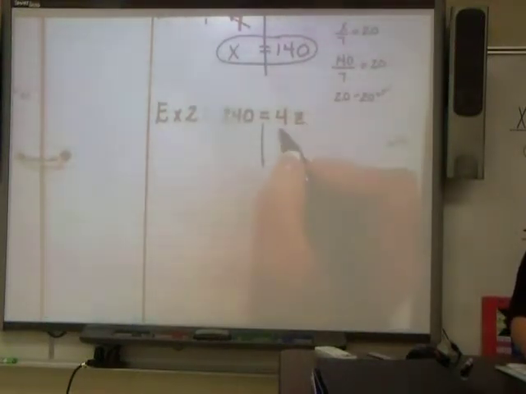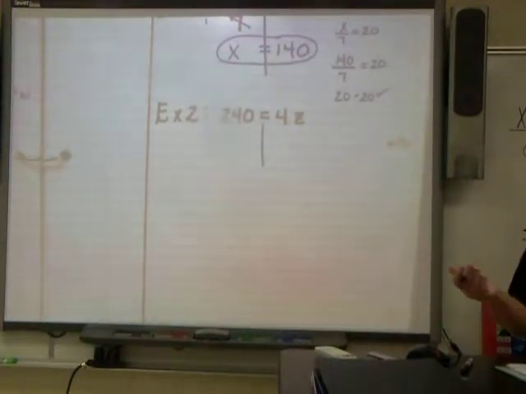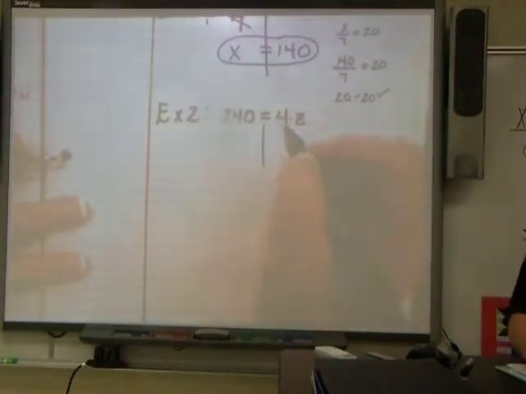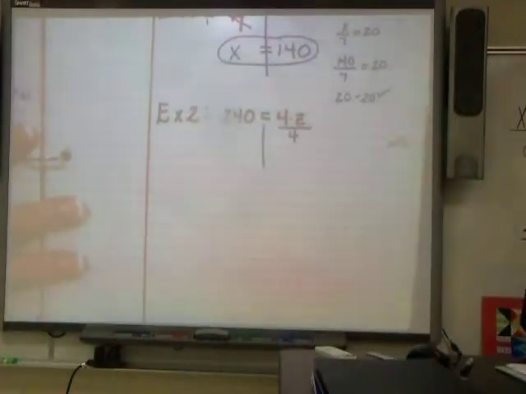So, what's been done to z? I'm asking that same question at the beginning every time. Z has been multiplied by 4. What's the opposite of multiply? Divide. So I'm going to divide by 4.